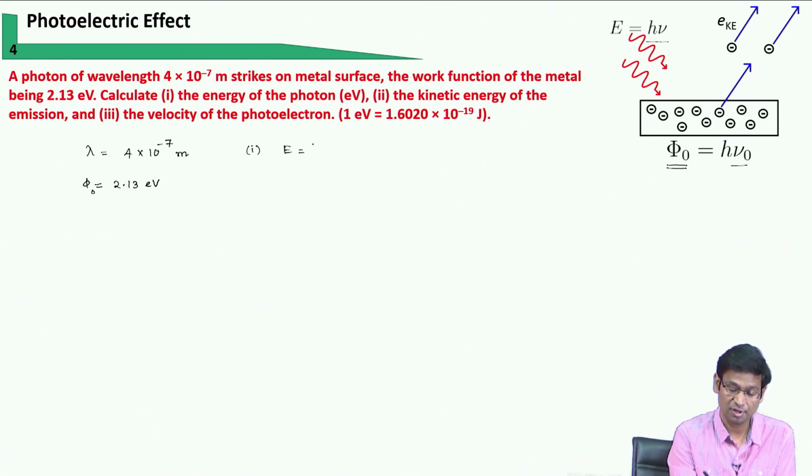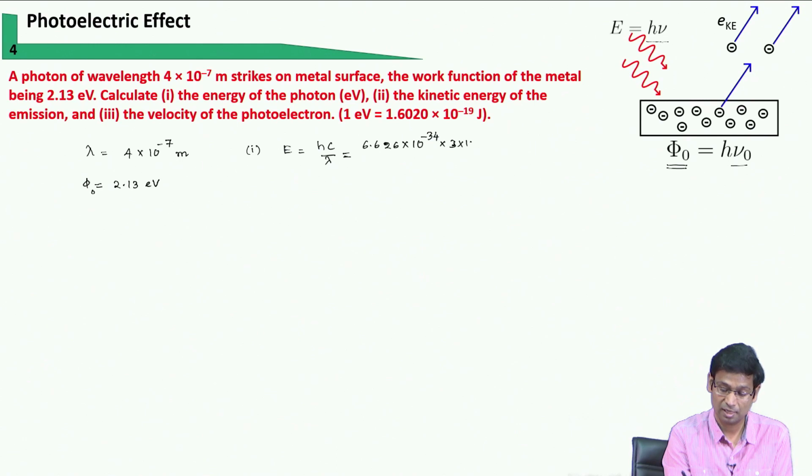So, the energy of the photon E is hc by lambda. You see that we are often using the multiplication of these two constants, hc: 10 to the power minus 34 into 3 into 10 to the power 8 joule second meter second inverse.